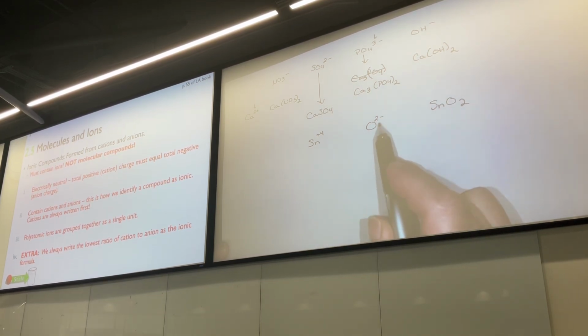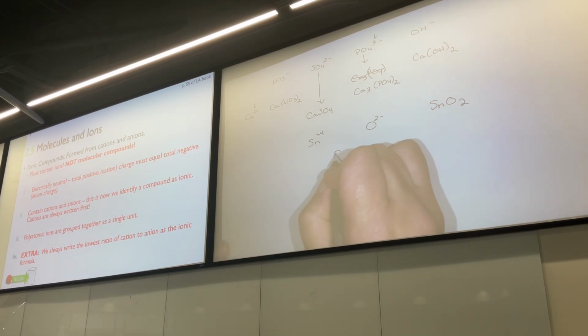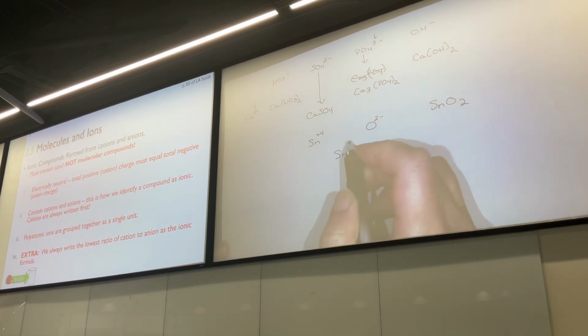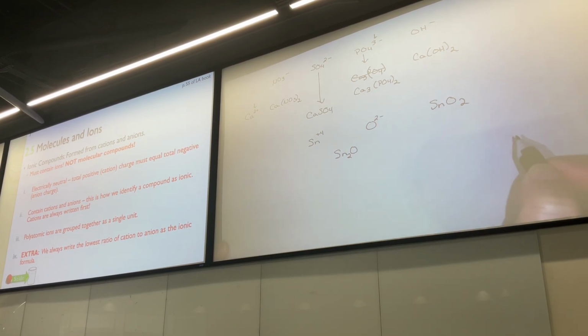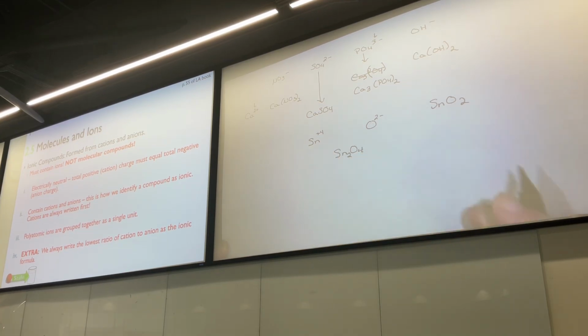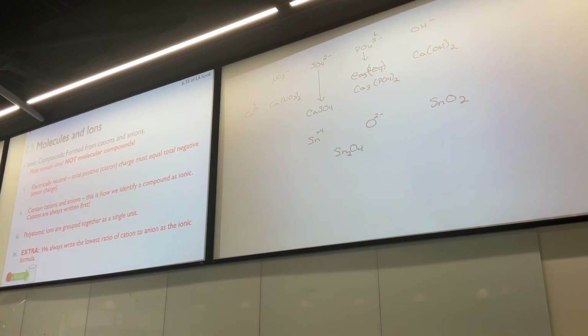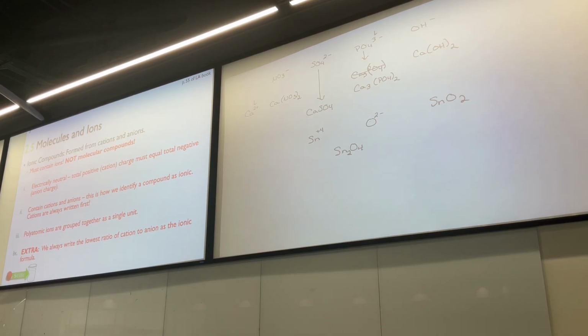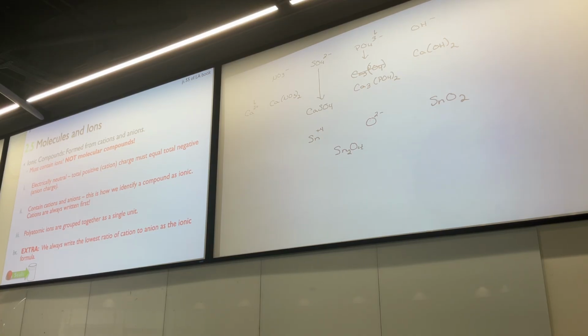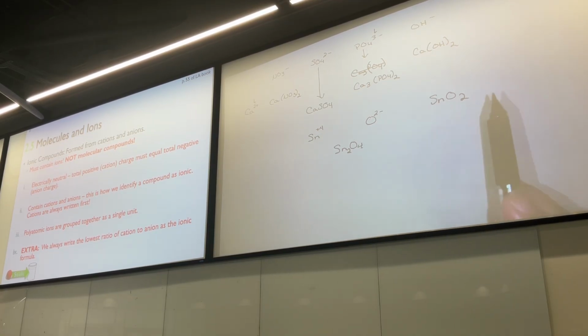If you want to do the crossing the numbers idea, meaning writing the Sn and the O, putting the 2 from the oxygen by the tin, and putting the 4 from the tin by the oxygen, you don't have the right answer. Then you need to reduce. So that's one way to do it, but it might lead to an extra step of checking that you don't need to reduce. 2 fourths reduces to 1/2, so we'd have to reduce to get the same answer.